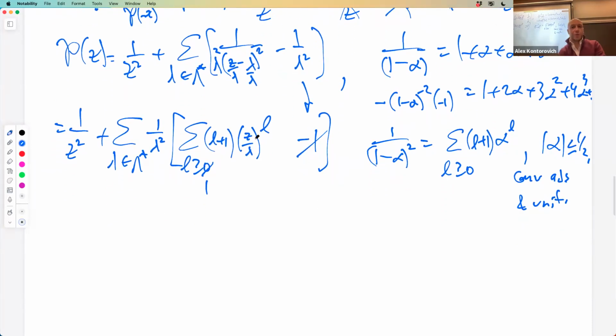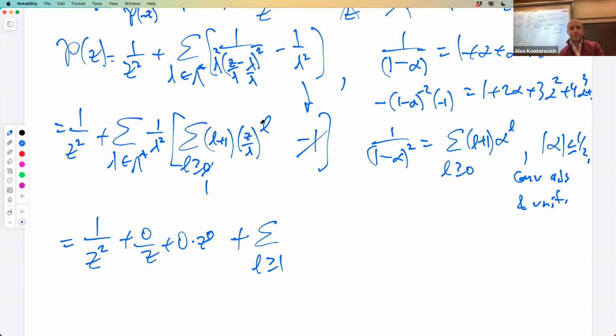So let's reverse orders. We want to know what the power of z to the L is, right? Where the Taylor expansion is now sitting here. We just have to unpack it. So this is 1 over z squared, no z to the 0. And then what else is here? It's a sum as L ranges from 1 to infinity. There's a z to the L. There's this factor, L plus 1.